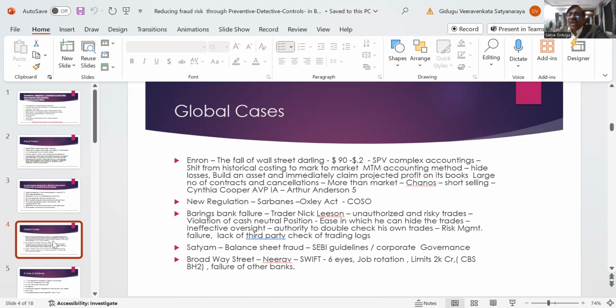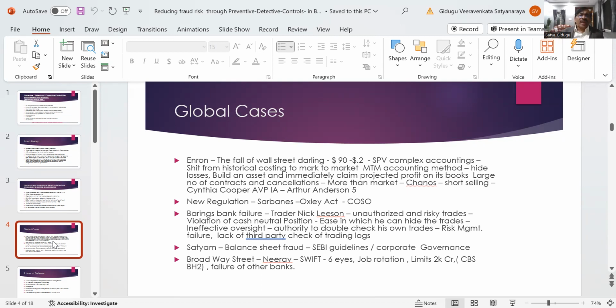Balance sheet fraud is committed by the top management. It will be committed by the CEO, CFO, board of the company. And it is very difficult to unearth balance sheet fraud. Back home in India also there is balance sheet fraud.